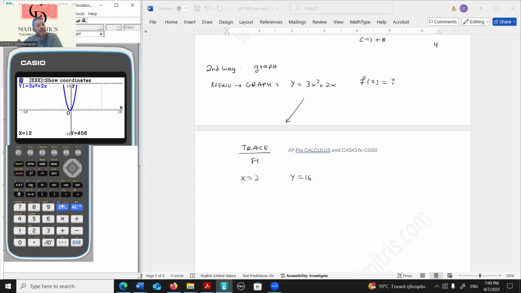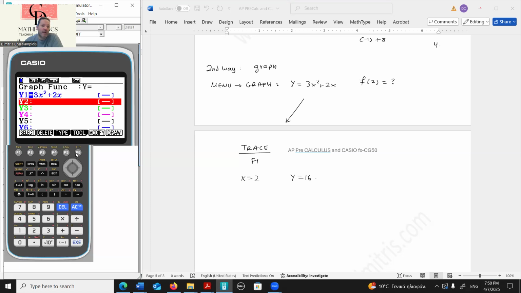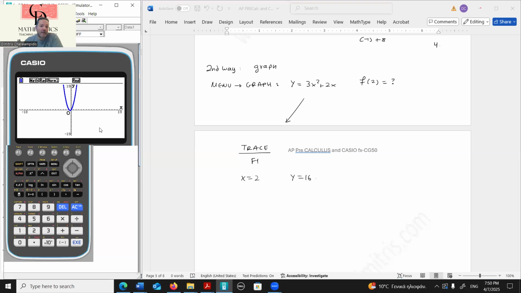The problem remains if I try 25, which it still doesn't see. So I go back, redraw, and zoom out again.